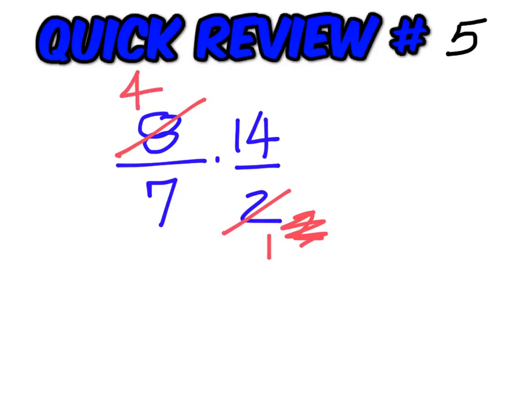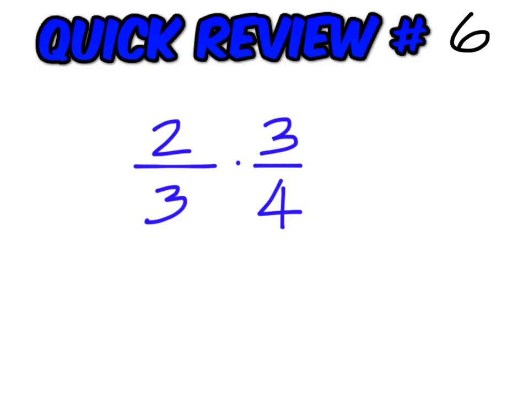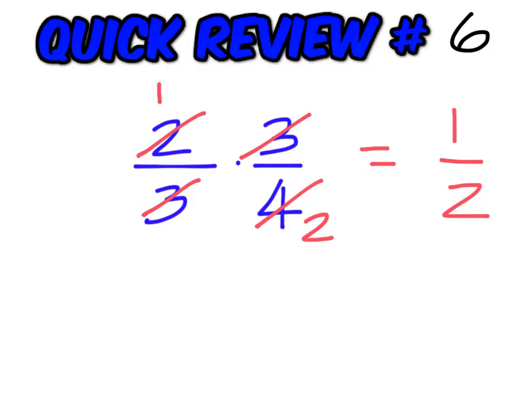What about 7 and 14? 1 and 2. What's the answer? 8. Yeah. What cancels? 3. What does this become? What's the answer? 1 over 2. Yeah, 1/2.